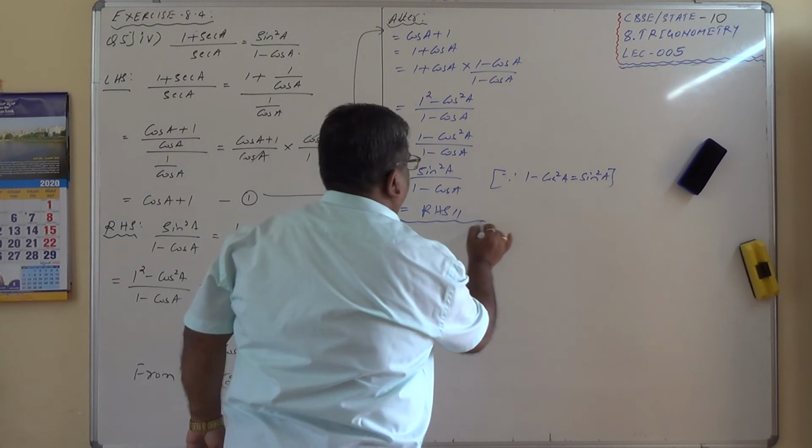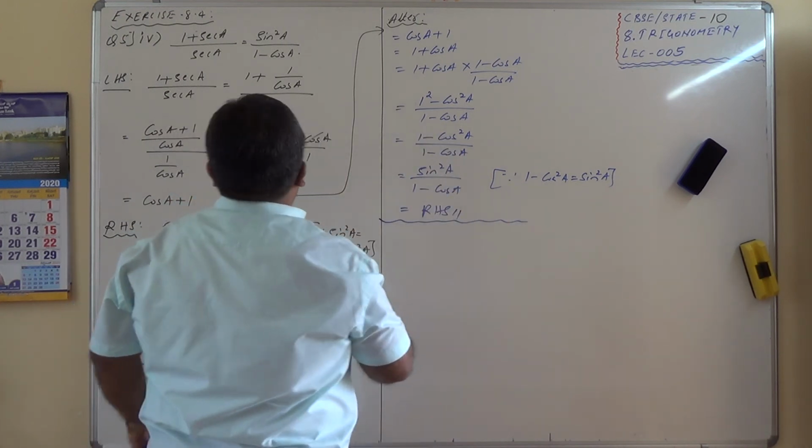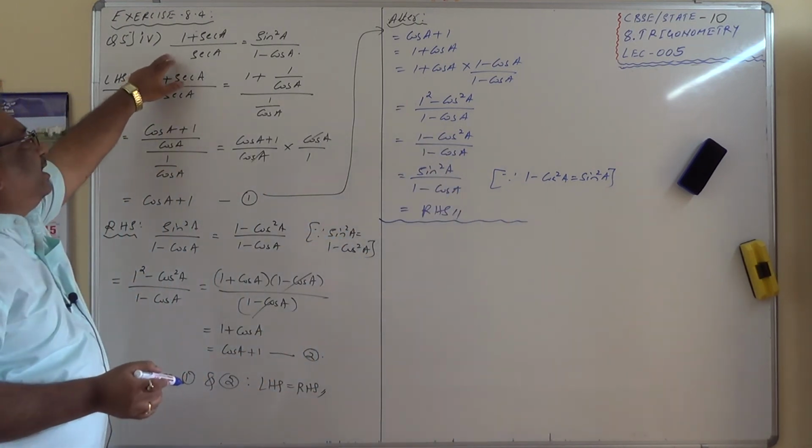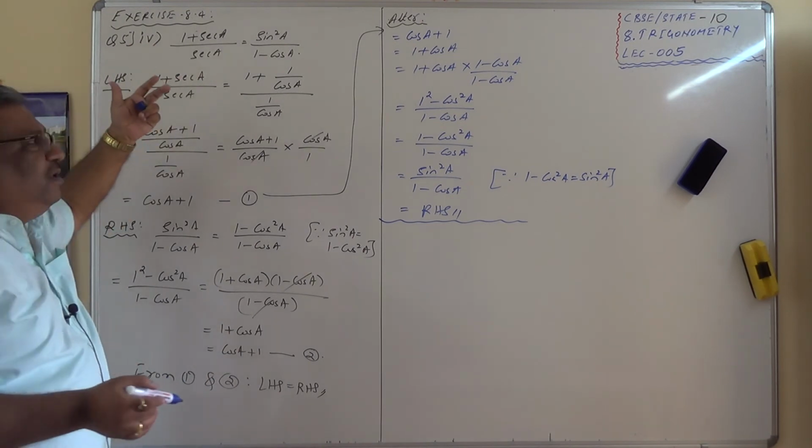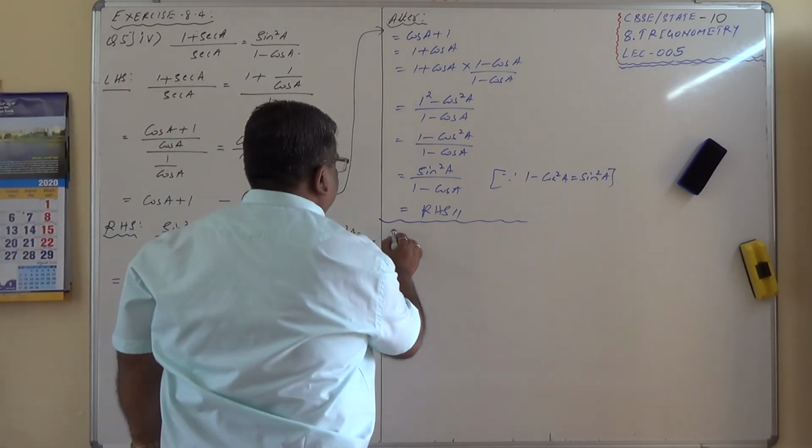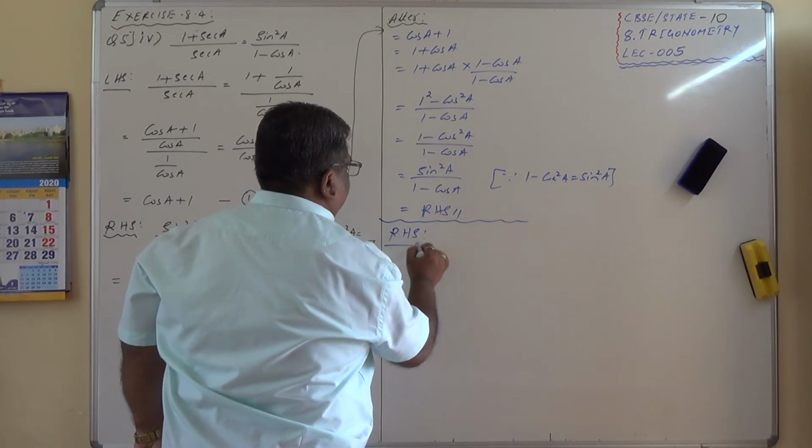Now what I will do, I will take RHS and try to prove 1 plus sec A by sec A. Let us try to attempt that one. RHS, this is another alternate method.